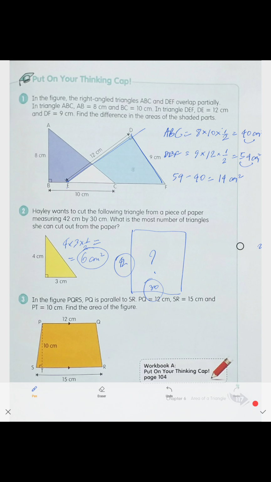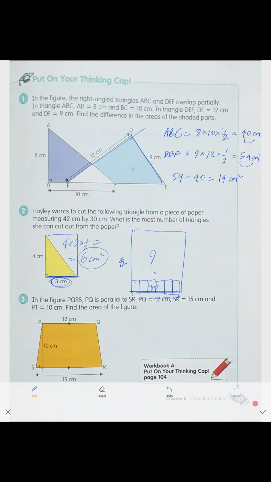This is a question asking us about our understanding of the concept of related rectangles, right? So how many of these small rectangles can we place inside? Definitely, over here, this base of the triangle is 3 centimeters and the piece of paper is 30 centimeters, so obviously we can place 10 pieces like this, right?